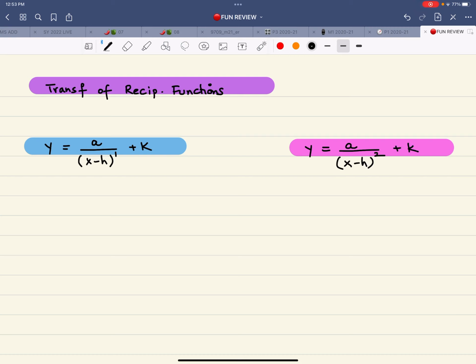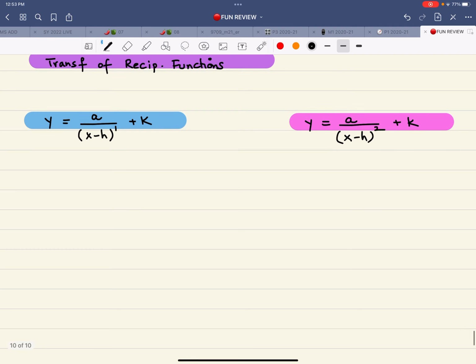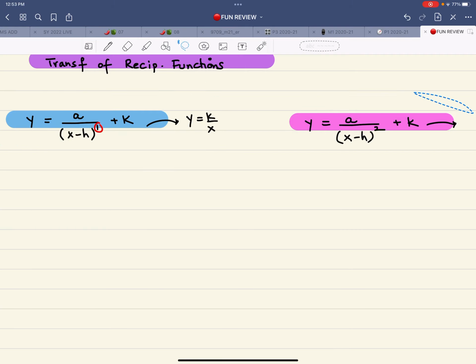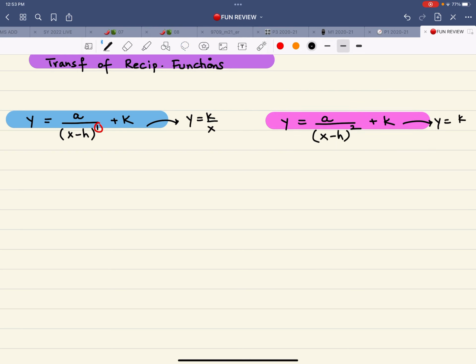When I taught you in the original class, I wrote n could be 1, n could be 2. This time I have separated it out. The first is like y equals k over x, because the power is 1. And the other one is similar to y equals k over x squared, because of this power of 2.